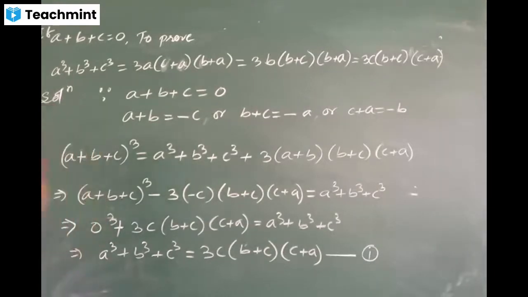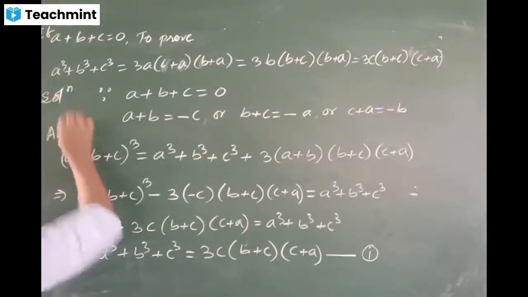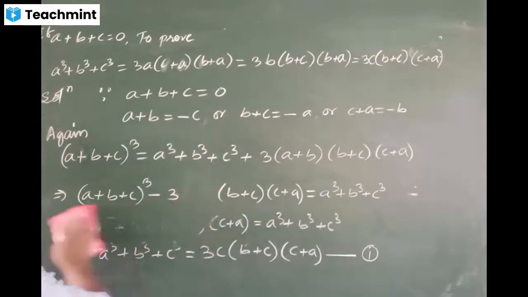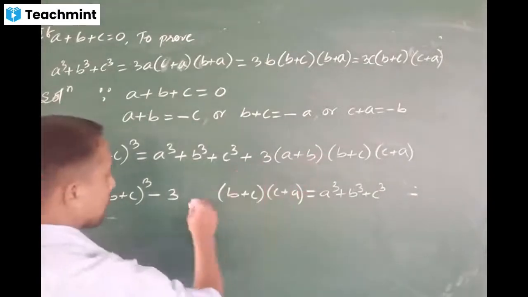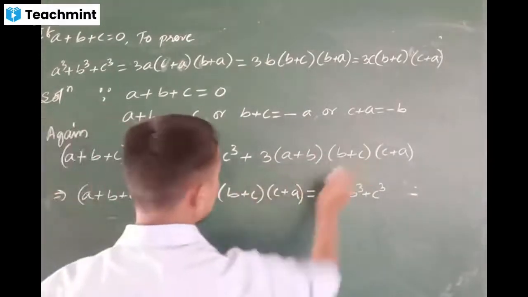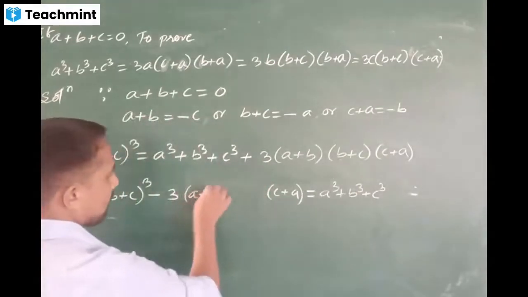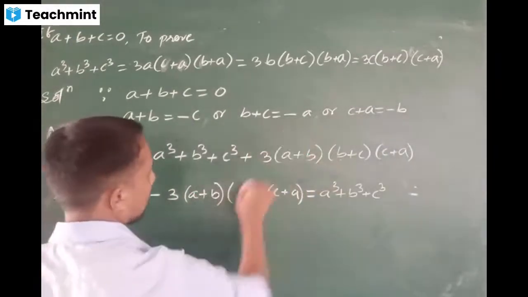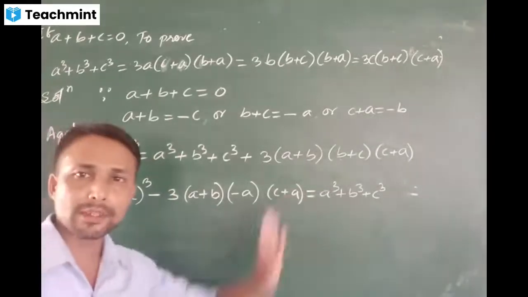Okay, so next step, again the same way we will get it here. If in place of B plus C we write something different, this will be A plus B into B plus C, where B plus C is equal minus A. This is also the same process.